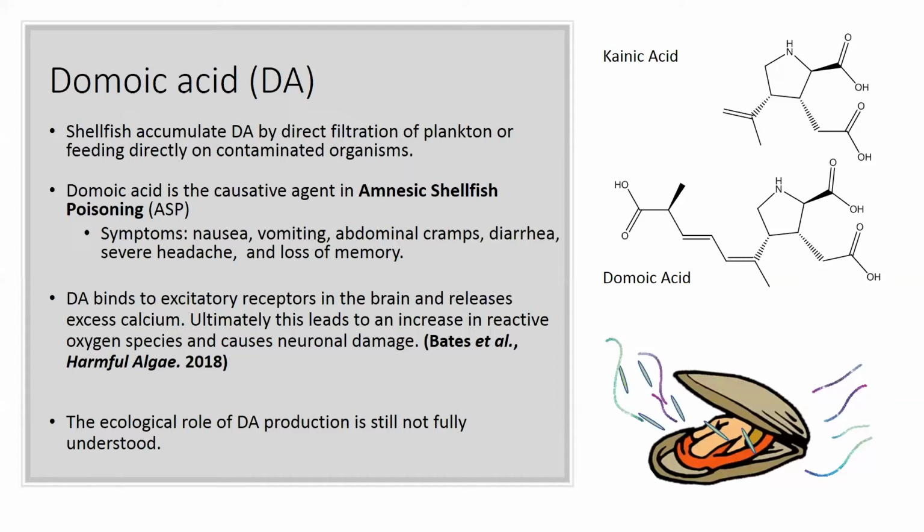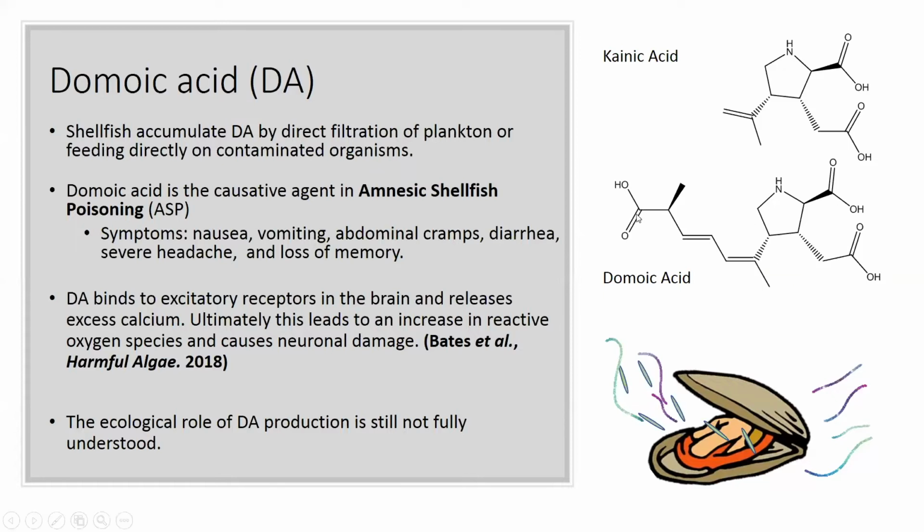But the DA binds to receptors in your brain. It ends up releasing massive amounts of calcium into your brain. It basically turns your neurons into overdrive, and it causes vast neuronal damage. And what's very interesting, which is still a mystery, and one of the reasons we love science, is the ecological role. Even after all the years of knowing about DA, it's still not fully understood.